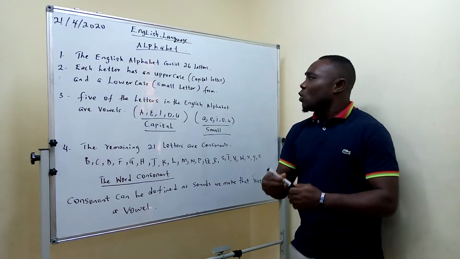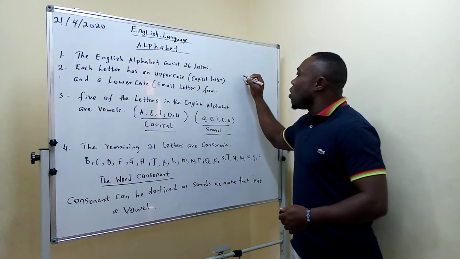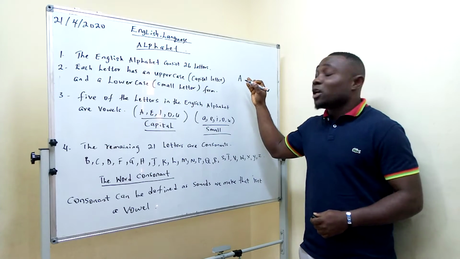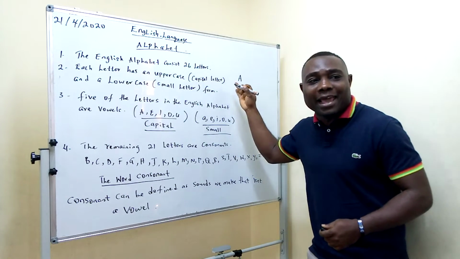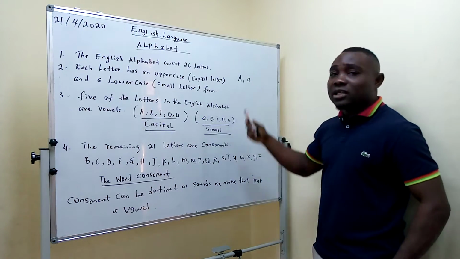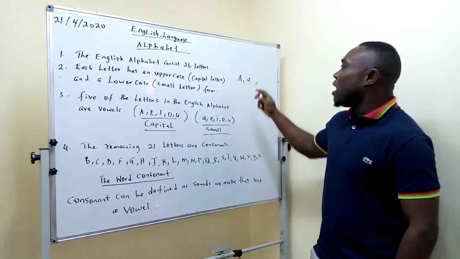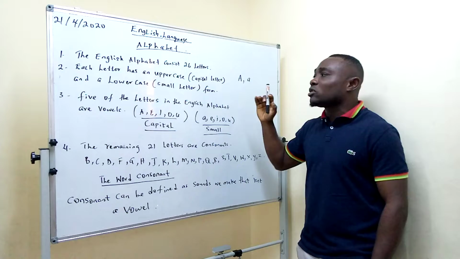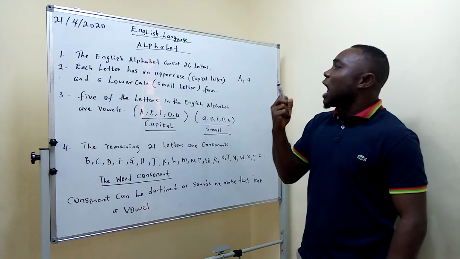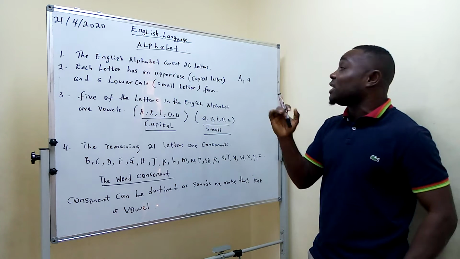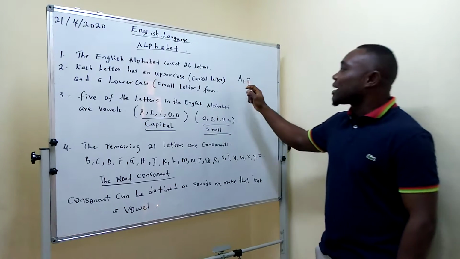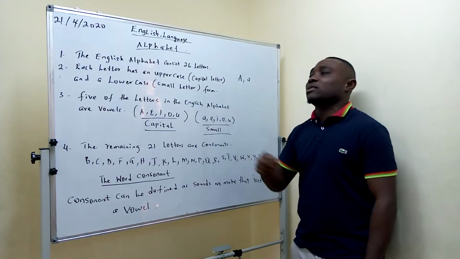For example, this is the uppercase A, or capital letter A. This letter in English is called A. And this is the small letter A, or the lower case A. That's why the English alphabet consists of 26 letters, and each has its capital and small letters.